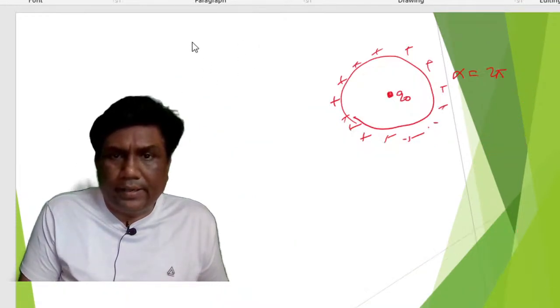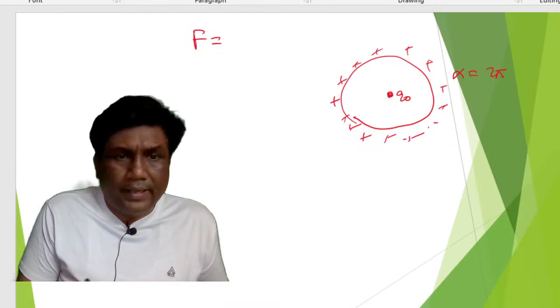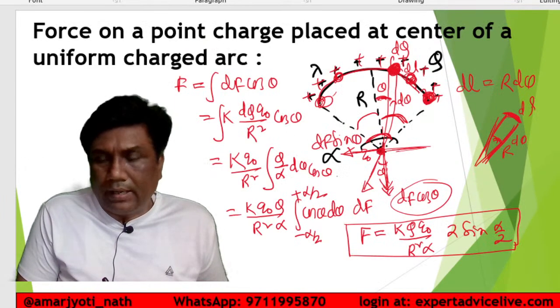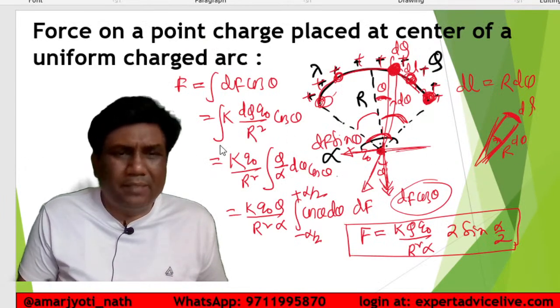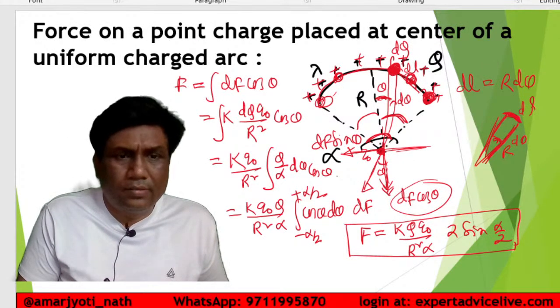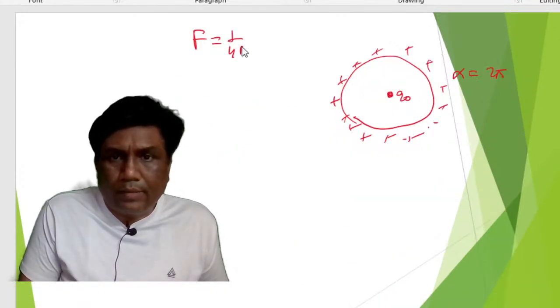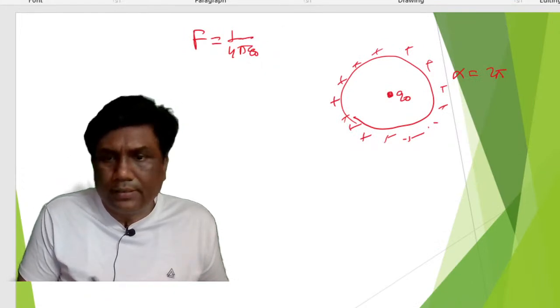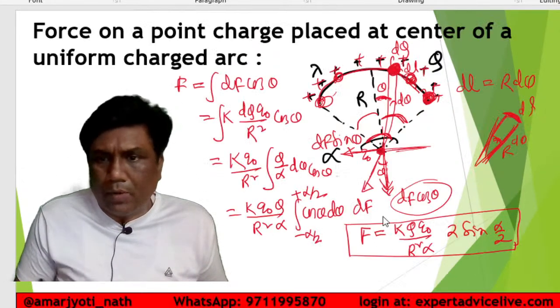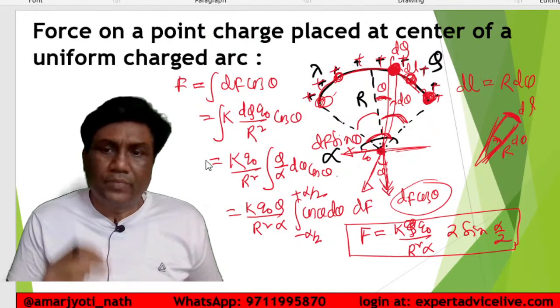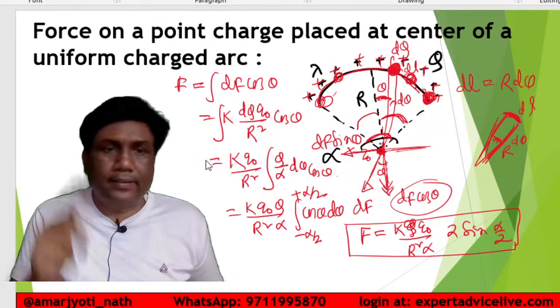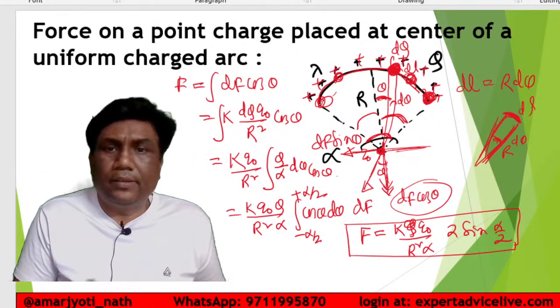And I can do it, no problem. So here F is equal to, k can be written as 1 by 4 pi epsilon naught. Q can be written as, you see, lambda into length.